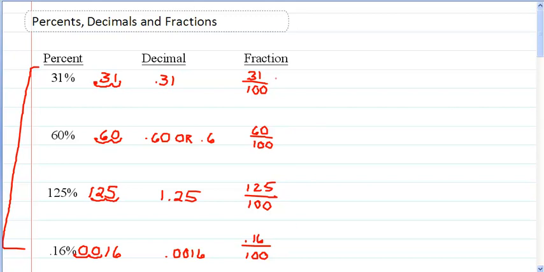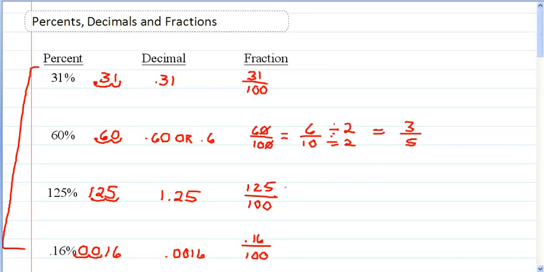31 over 100, this is as far as we can go because 31 is a prime number. But for 60 out of 100, we can start by canceling the zeros so that we get 6 over 10. And then since both of these numbers are even, we can divide them both by 2, so that as a fraction in simplest form, it's 3/5.